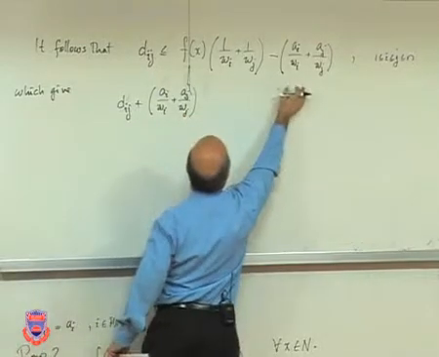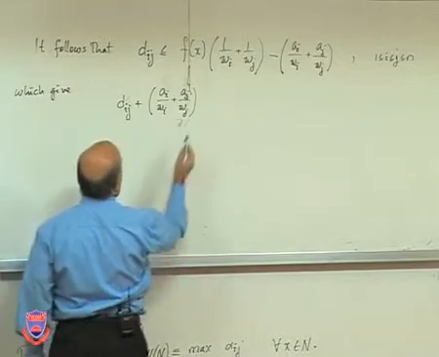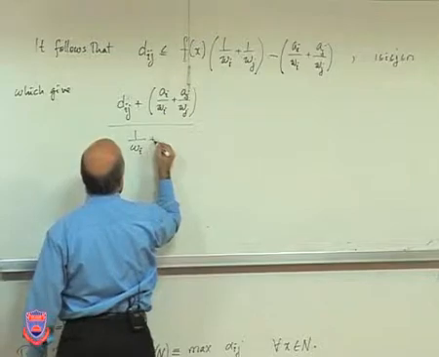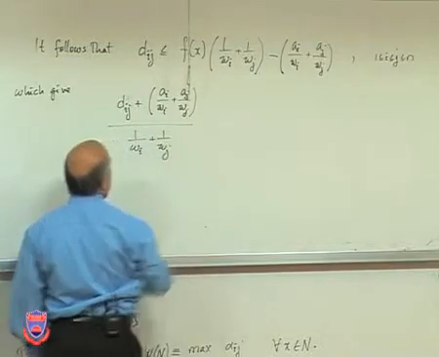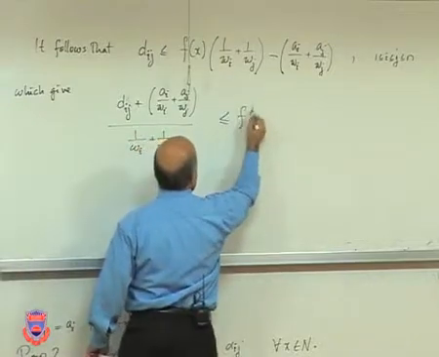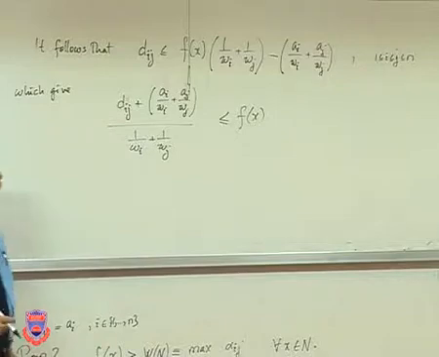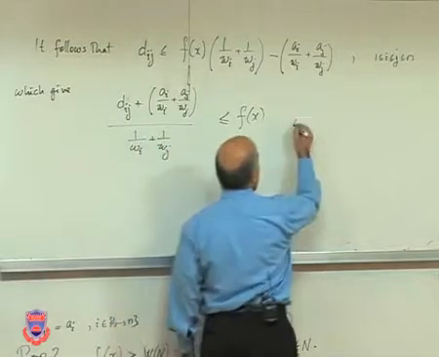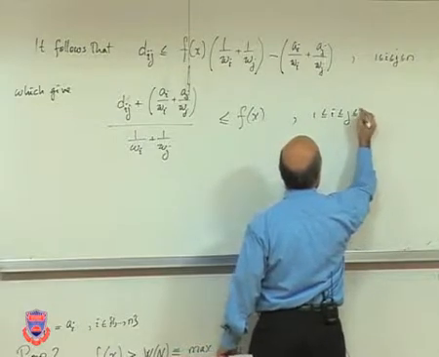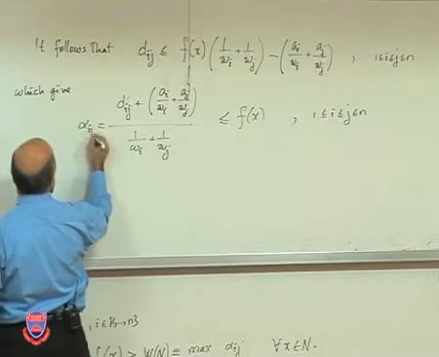So I'm simply adding to both sides that quantity, and then I divide the entire thing by 1 over wi plus 1 over wj. And that leaves f of x on the right side. And this, of course, is your alpha ij.